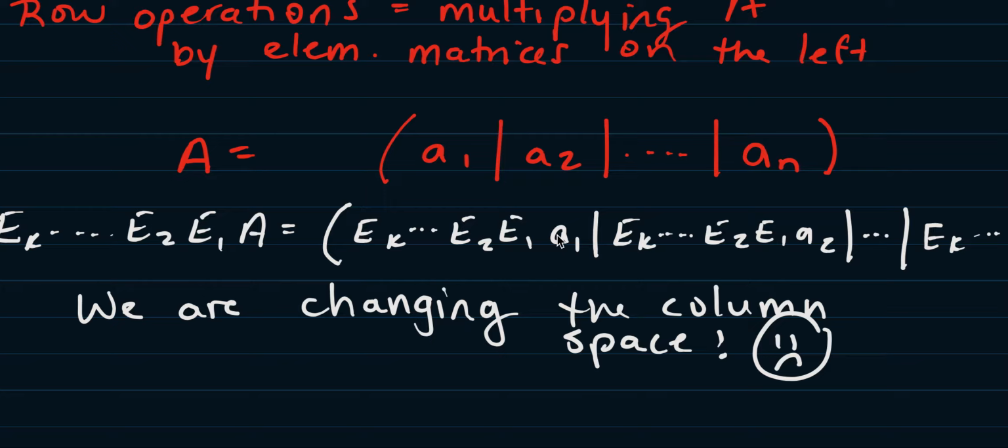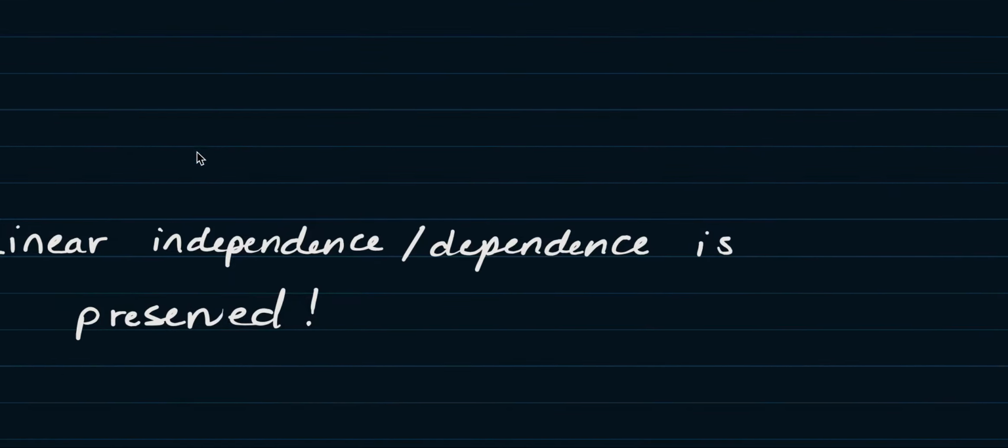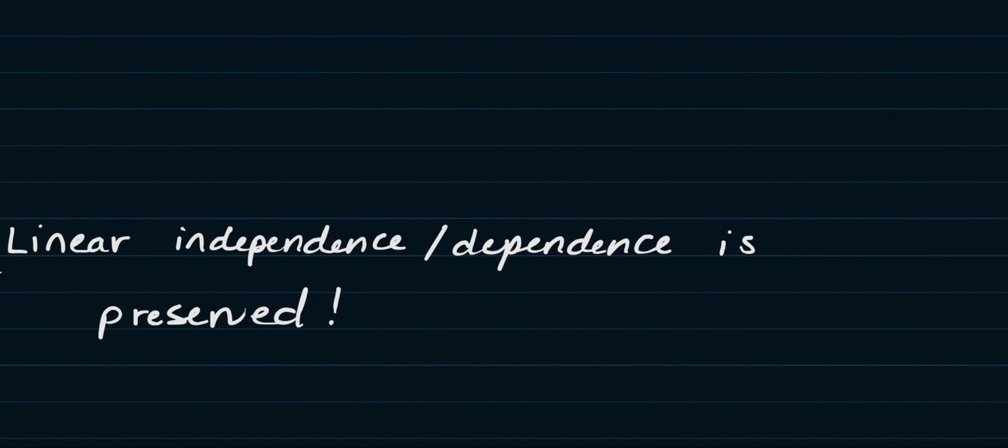So if you had that A1 is equal to A2 plus 4A3, well, you're going to have that same relationship with the reduced row echelon form of your matrix. So that's going to help you find the column space of A. So linear independence and linear dependence is preserved.